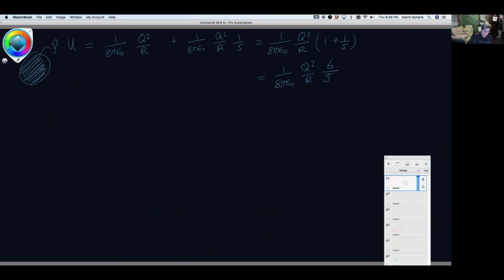And so U for the red sphere, where we have a surface charge density, sigma. We had U equal to 1 over 8 pi epsilon naught Q squared over R. Now notice this factor is greater than 1, it's like 1.2 or something like that.